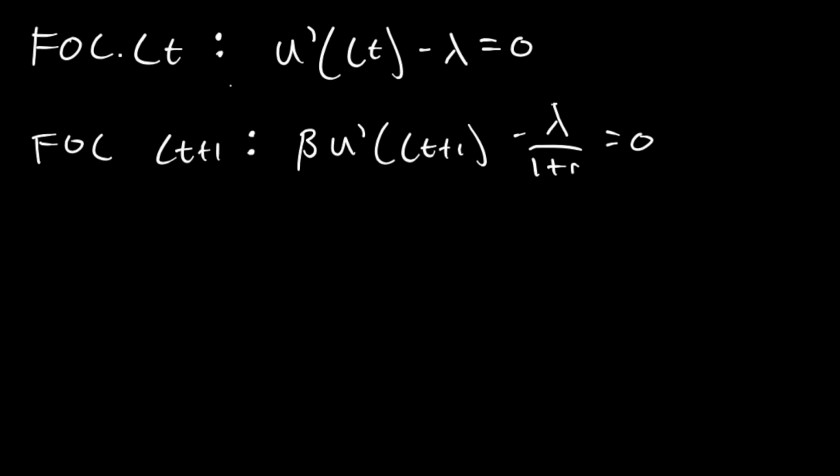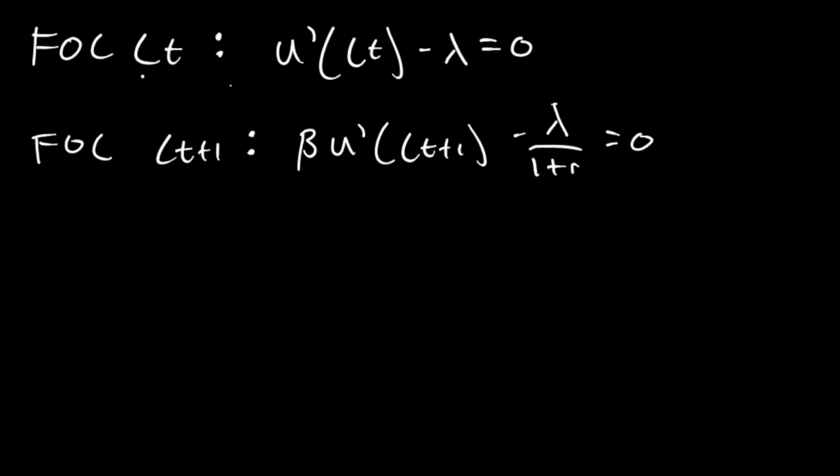So now that we've looked at the function that our consumers are going to maximize, the utility function, with respect to consumption, and we've looked at the budget constraint, which limits how much consumption our consumers can consume, we've combined those two into the Lagrangian, which is the optimization problem subject to the budget constraints.